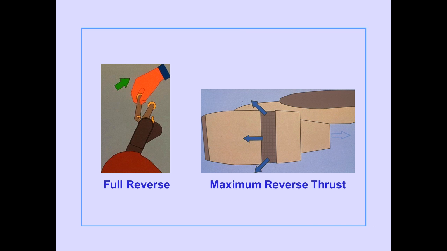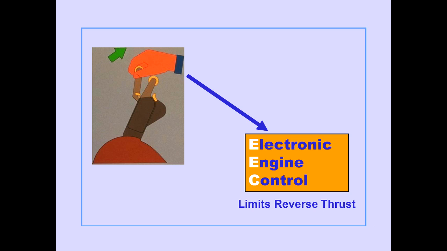The thrust lever interlocks release when the reversers are fully deployed. Moving the reverse thrust levers to the full reverse position applies maximum reverse thrust. The EEC automatically limits maximum reverse thrust using N1 RPM.